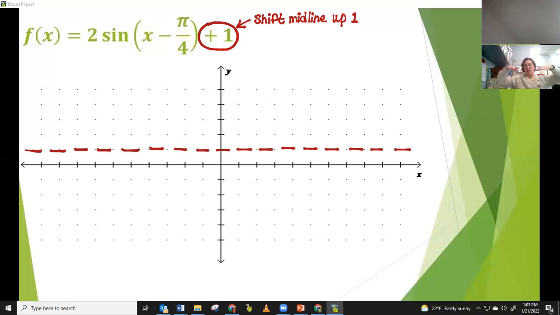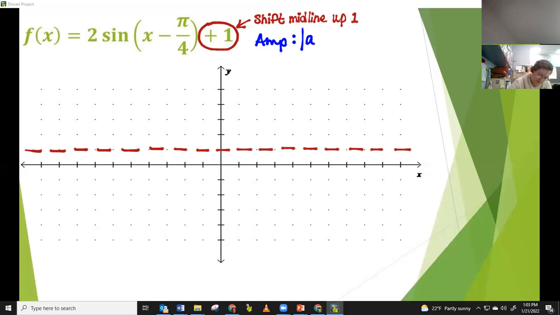So when I talk about where I start and where I go from there, we're going to start on the midline, and then we will go up whatever our amplitude is, then we'll go back to the midline, then we will go down whatever our amplitude is, and we will end back on our midline. So everything is in relationship to that midline. What is the amplitude for this particular graph? What is our amplitude? Two.